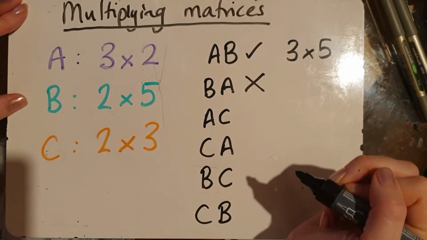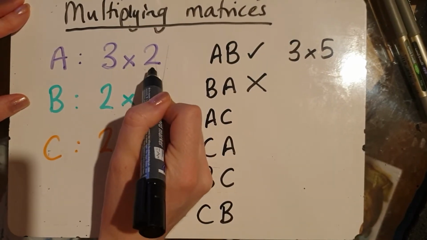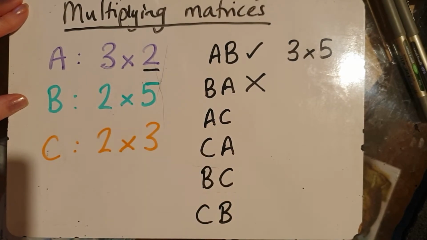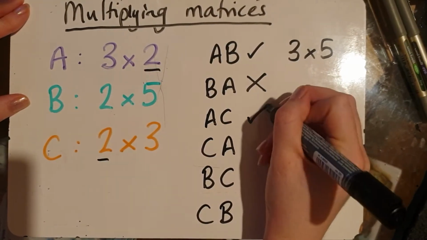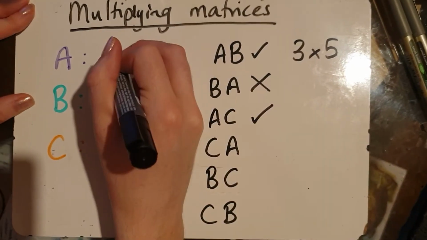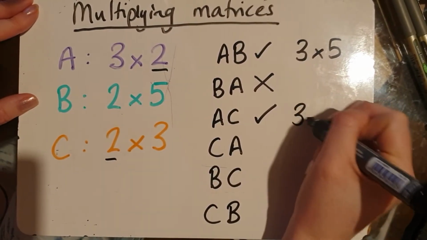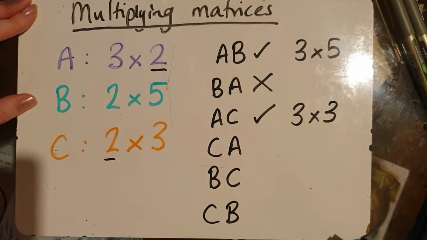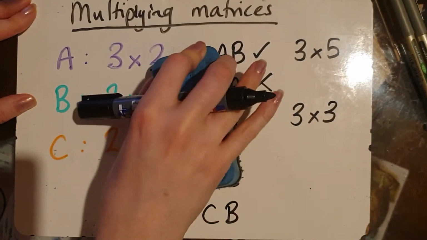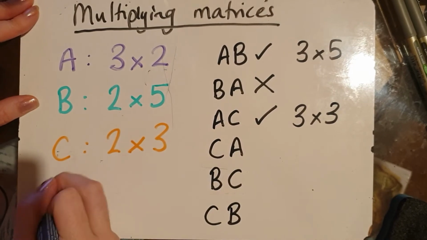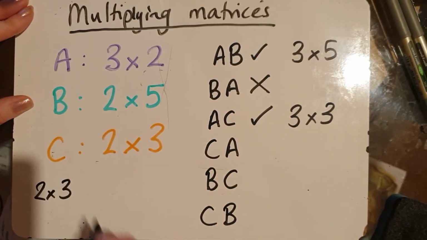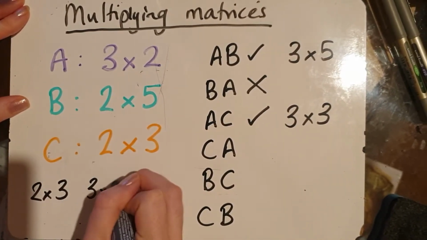A times C. The number of columns in A is 2. The number of rows in C is 2. So yes, I can do that, and I'll be left with a 3 by 3 matrix. C times A. C is a 2 by 3 matrix. A is a 3 by 2 matrix.